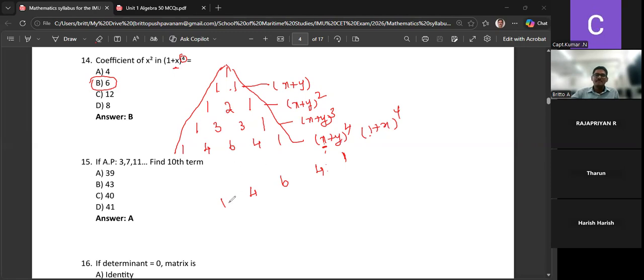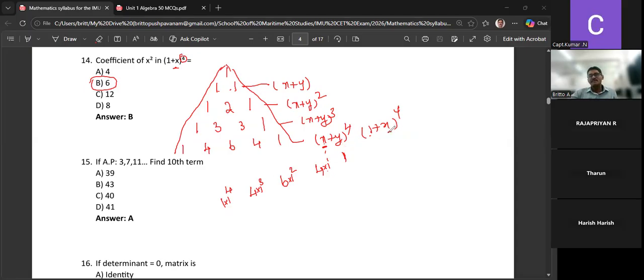The first value is 1 to the power 4. Next one is 1 to the power 3, next 1 to the power 2, next 1 to the power 1, next 1 to the power 0. You know, any number to the power 0 is 1.